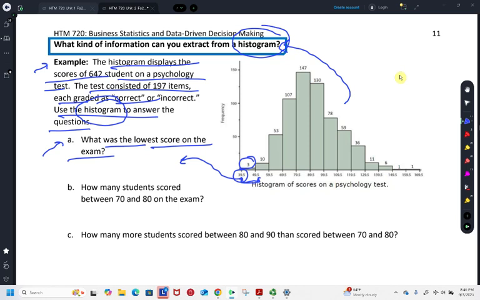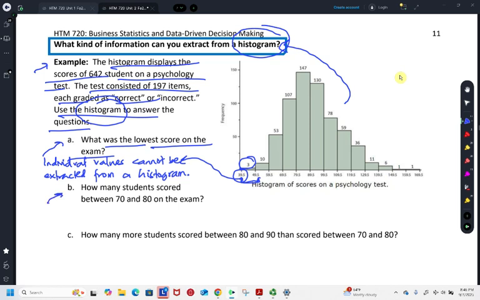So in this case, individual values cannot be extracted from the histogram in the absence of the raw data. Another way to say that is we do not have sufficient information.